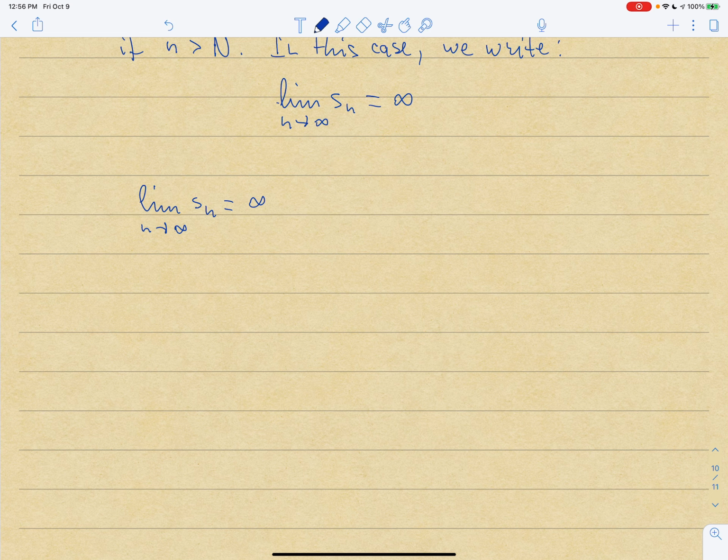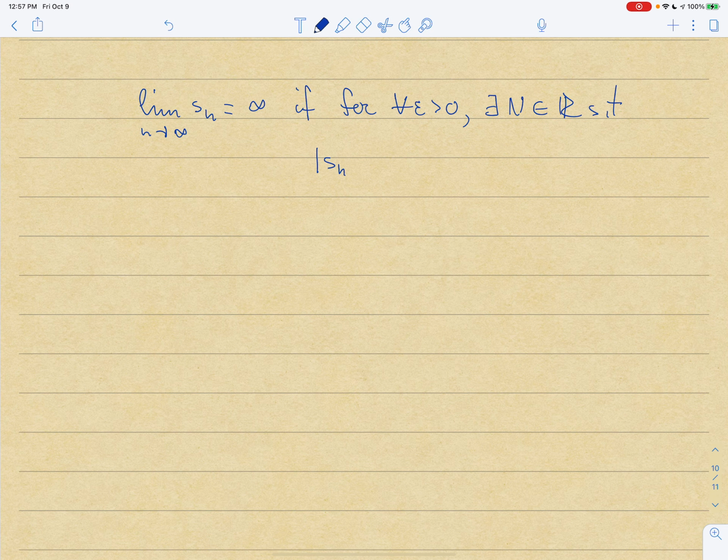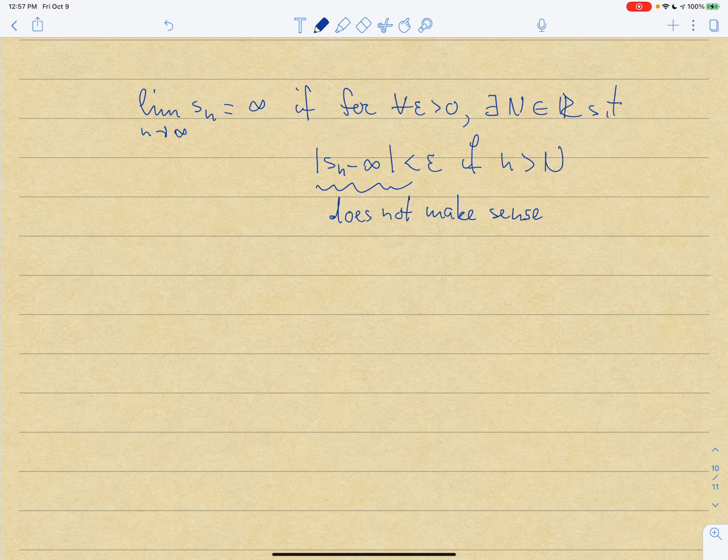If I just stick to that previous definition, then I would have to say for every epsilon greater than 0, there exists a capital N in R such that Sn minus infinity is less than epsilon if n is bigger than capital N. But of course, this expression does not make sense. And why doesn't it make sense? Because I cannot subtract anything from infinity. Infinity is not a number.